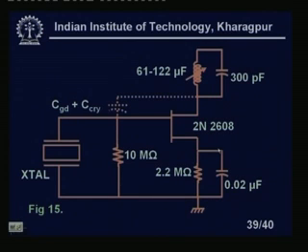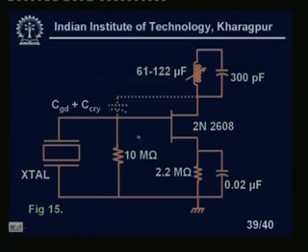But please note that the piezoelectric crystal does not necessarily mean that it will be totally independent of temperature. It has temperature dependency. But you see the advantage here: the 10 mega ohm, 2.2 mega ohm, the capacitance values, all these things, and the inductance here is very small; 1 or 2 turns of coil can generate this type of inductance.